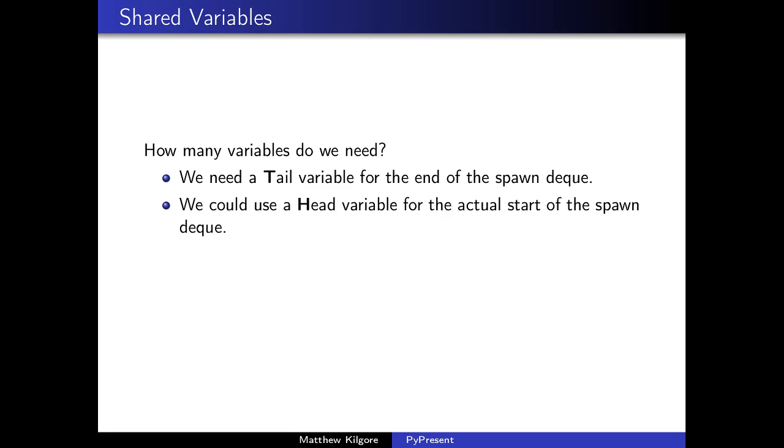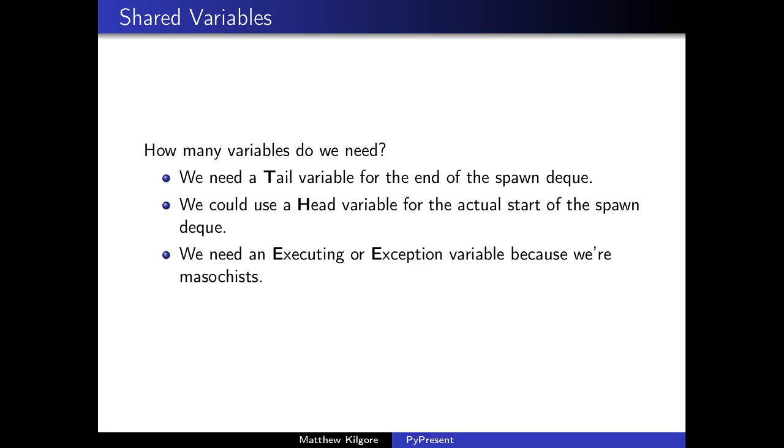You're also going to need a head variable for the actual start of the deck. Now, if you're thinking, wait, isn't the start always the same, the first index in the spawn deck? Then no, it isn't. When you steal at the top of the deck, you're effectively making that index unusable, so you need these two variables.